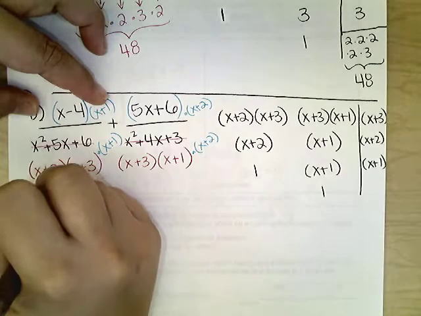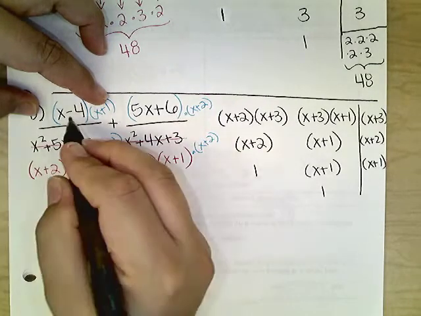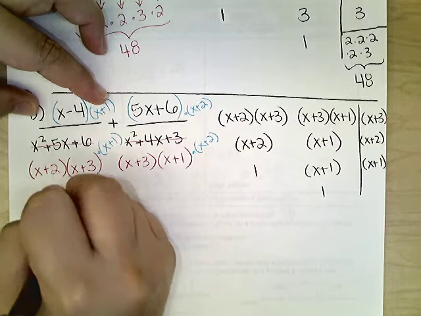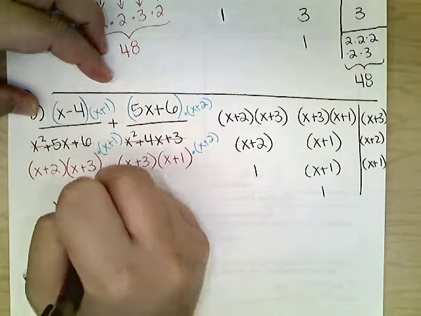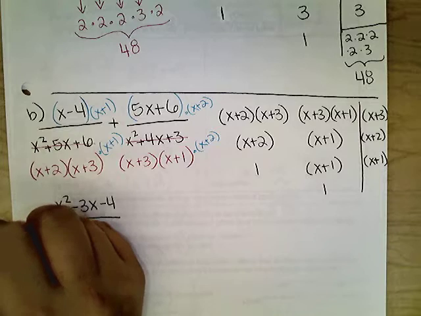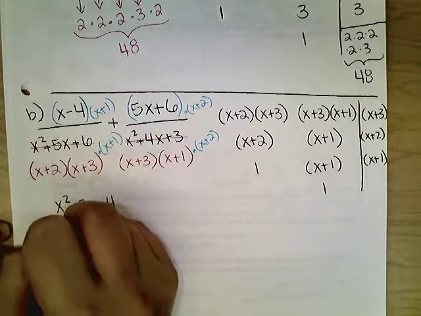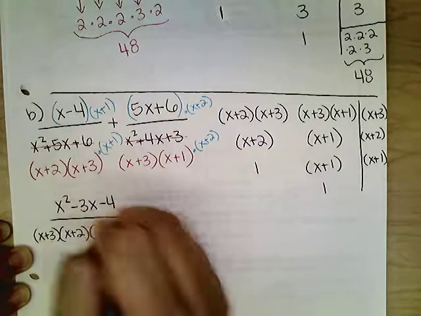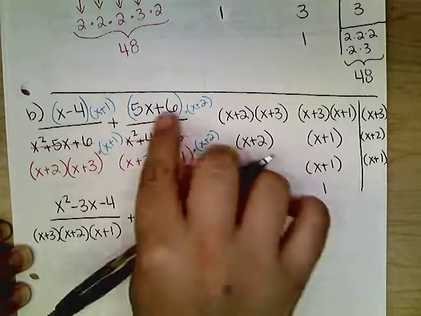That is going to give us x squared minus 3x minus 4 over our least common denominator of x plus 3 times x plus 2 times x plus 1. Then we write our second fraction.